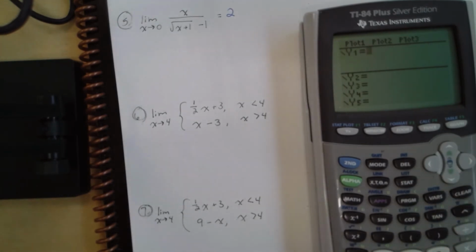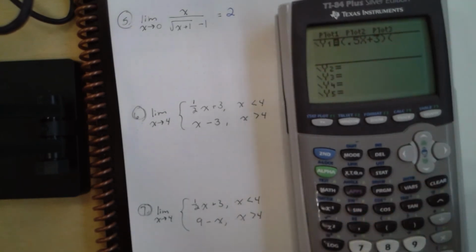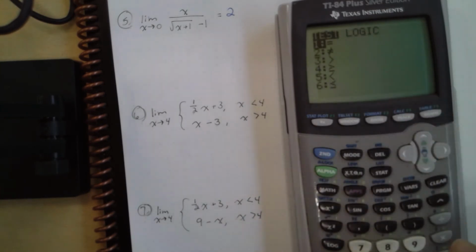So we're going to write y equals parentheses 0.5x plus 3, close parentheses, open parentheses, x second math less than, so that's number 5, 4, close parentheses, plus open parentheses, and then I'm going to put in my second line there: x minus 3, close parentheses, open parentheses, x second math greater than 4.